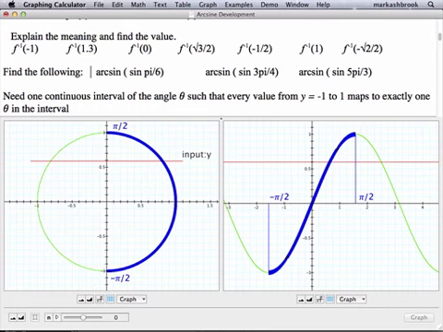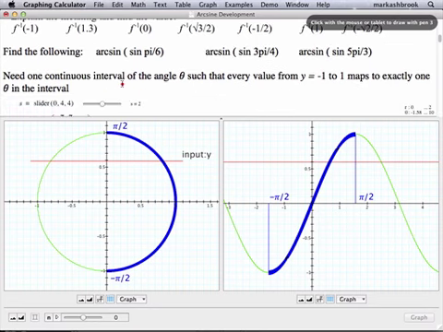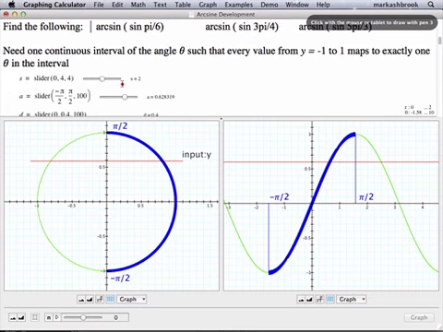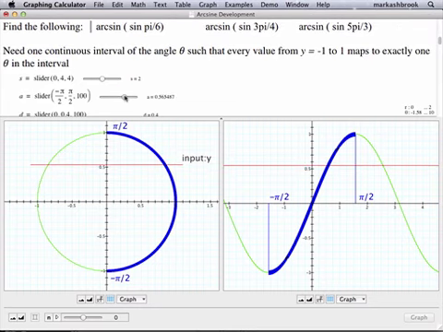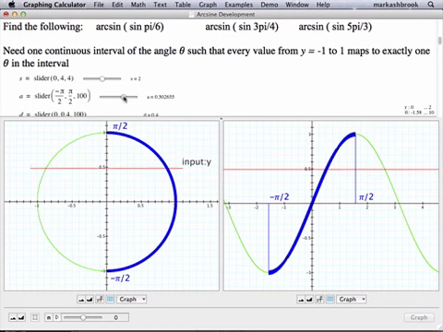Okay, so when you put pi over 6 into the sine, what output do you get? 1/2.